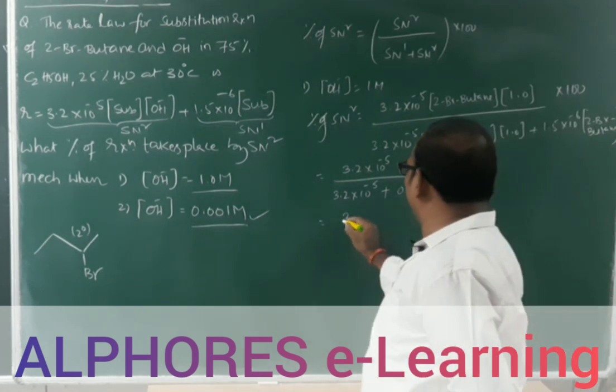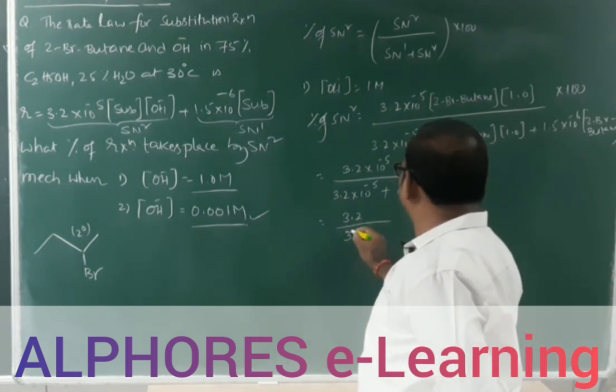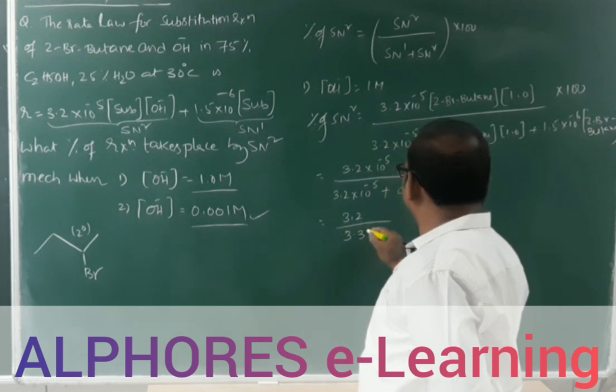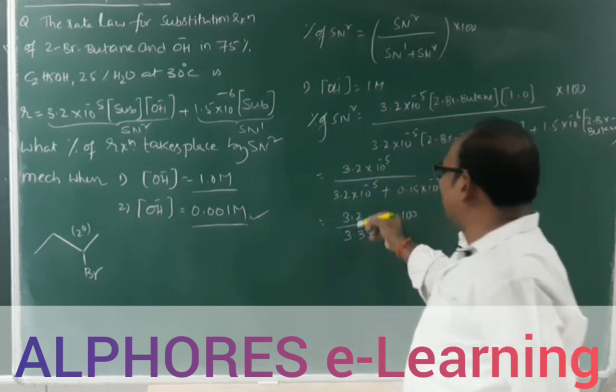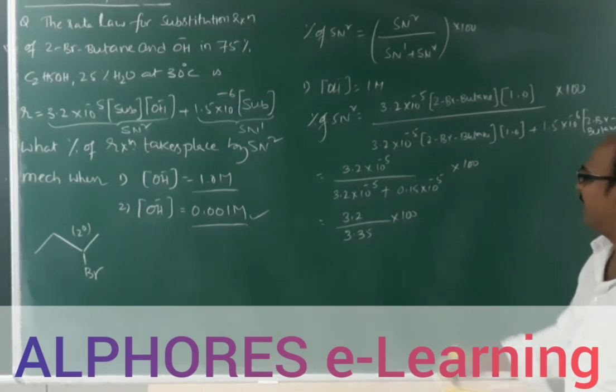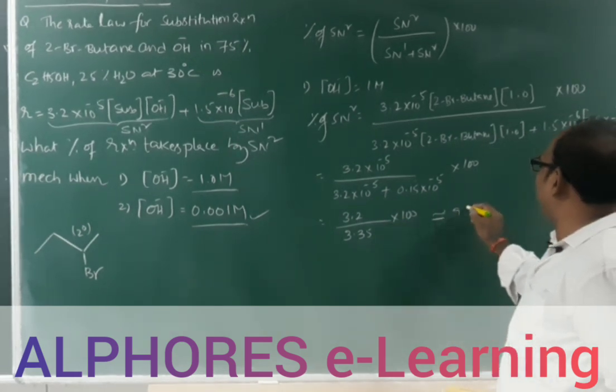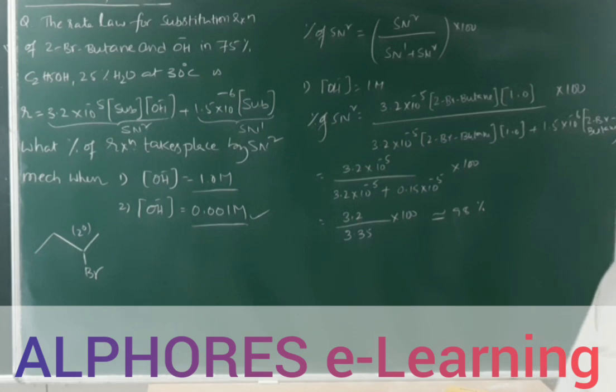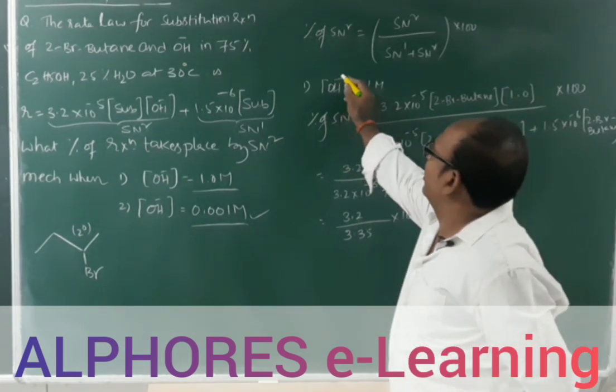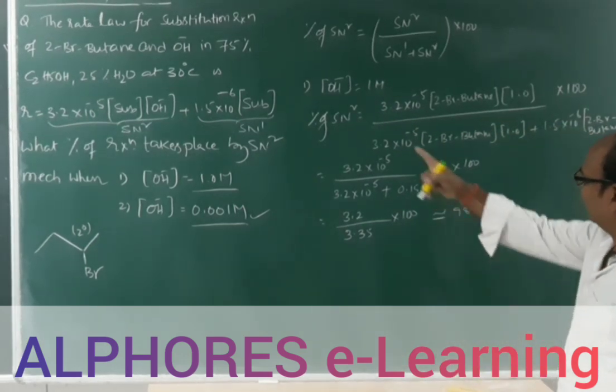Then we are getting 3.2 by 3.35 into 100. The numerator and denominator values are very close. It is nearly 98%.